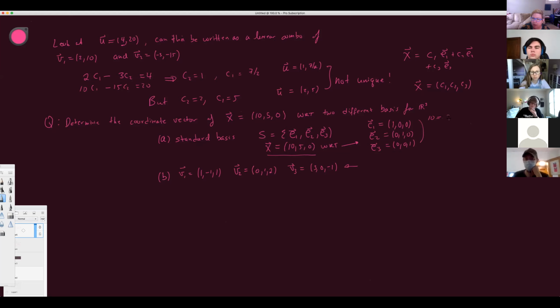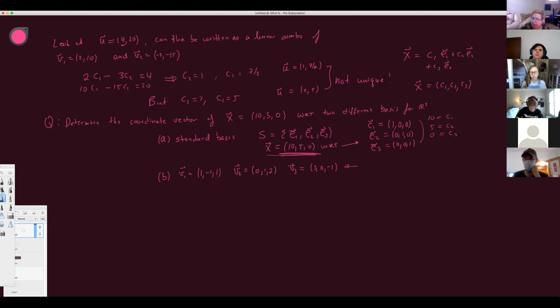So C1 times 1 plus C2 times 0 plus C3 times 0, so just C1, right? And 5 is equal to 0 plus 1 times C2 plus 0 times C3, and 0 is 0 times C1 plus 0 times C2 plus 1 times C3, and that's why you can write this down, right?